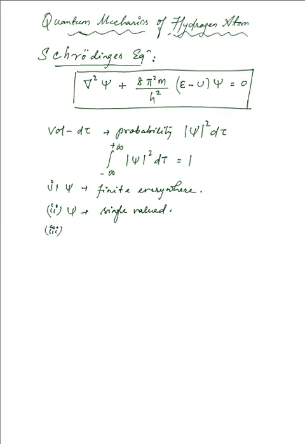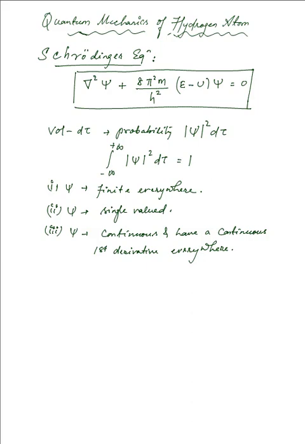And in the third case, it must be continuous and have a continuous first order derivative everywhere. This is necessary for the Schrodinger equation itself because you have the second order derivative which must be finite everywhere.